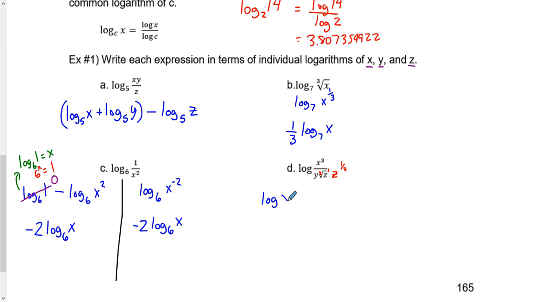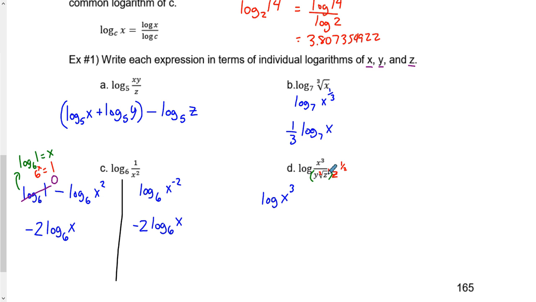So log of x cubed being divided by. Now it's being divided by this entire denominator here. Again, keep in mind that that's just exactly what that square root of z is, z to the power of 1/2. So it is exactly what's in there.